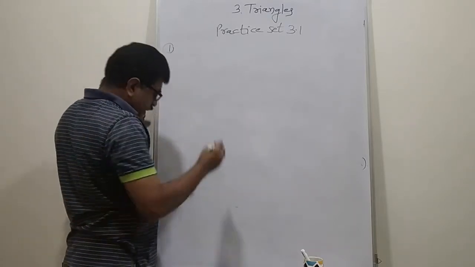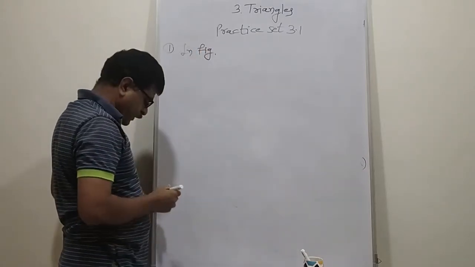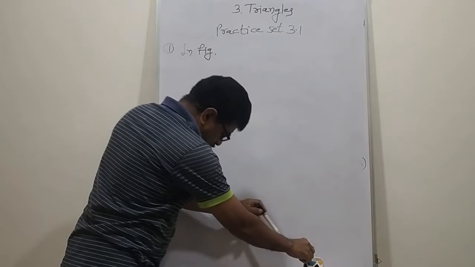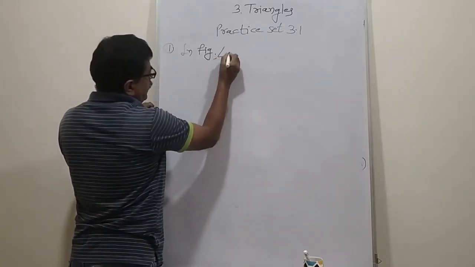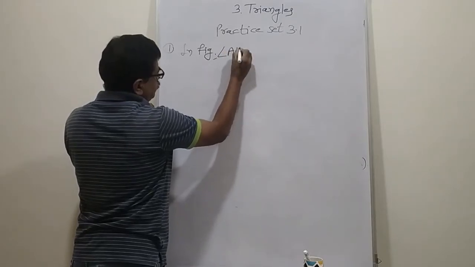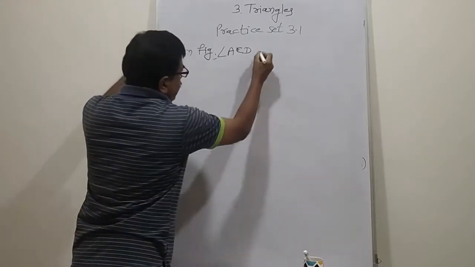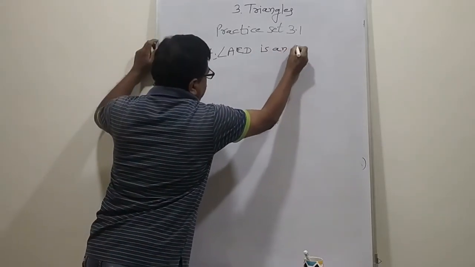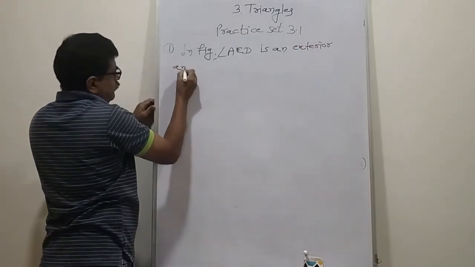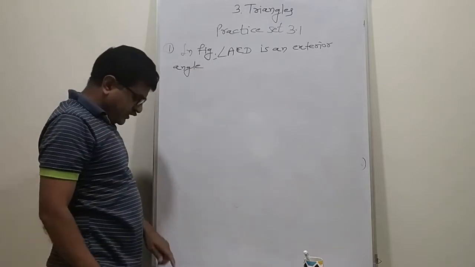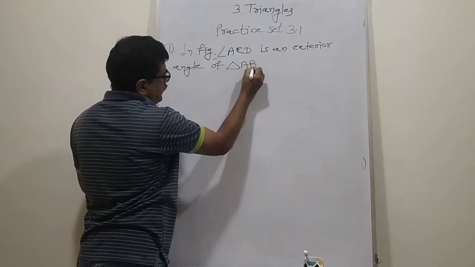In the figure, angle ACD is an exterior angle of triangle ABC.